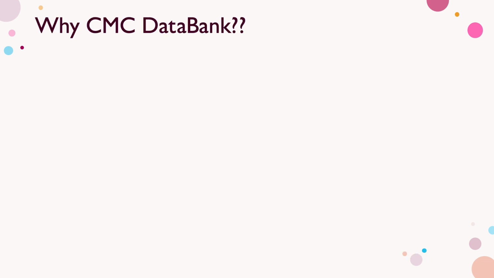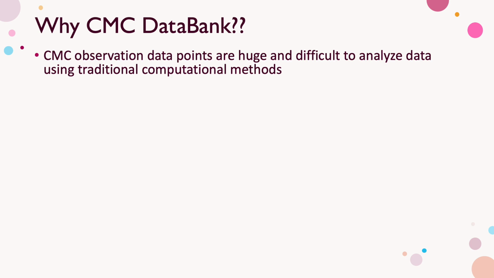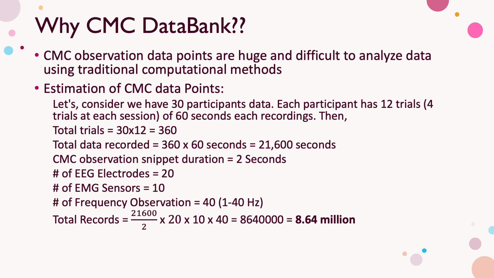So why is this CMC data bank important? CMC observation data points are huge and difficult to analyze using traditional methods. We can estimate the CMC data points. Let's consider we have 30 participants and each participant has 12 trials. Then there will be a total of 360 trials and each trial length is 60 seconds.